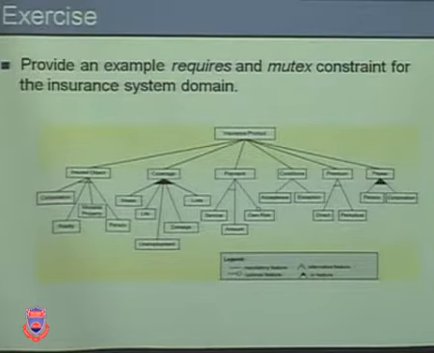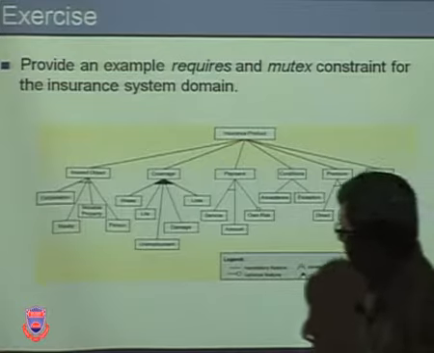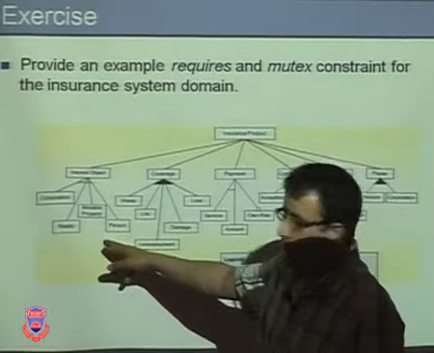If you look at this example, insurance product, can you give an example of a requires and mutex composition relation? Maybe easier, a mutex first. Mutual exclusion. I select one feature, person.